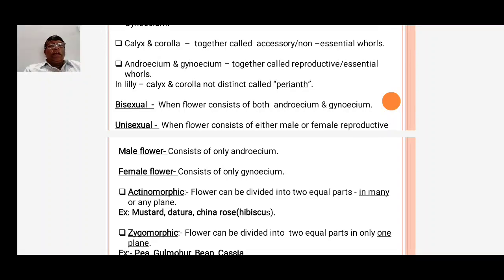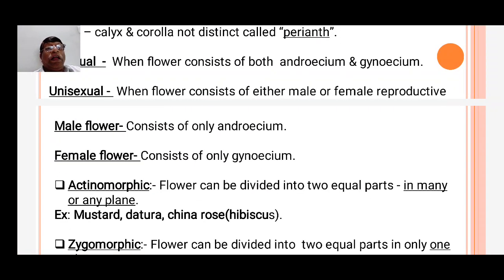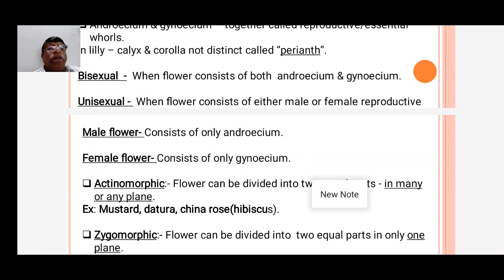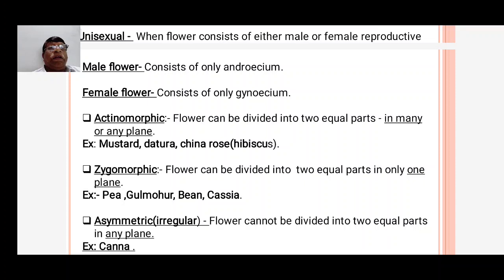Now we shall see the symmetry of the flower. Symmetry of the flower is also very important for NEET or CET examination. Actinomorphic flowers. Example, you take mustard, datura, China rose. China rose, that is hibiscus.